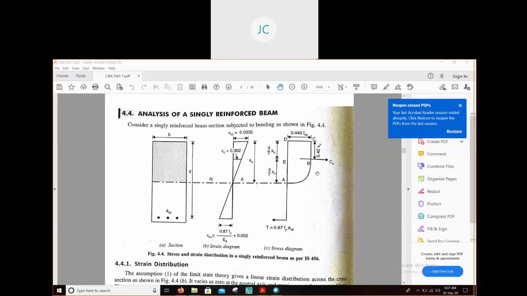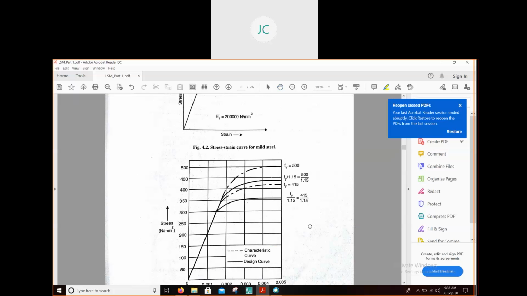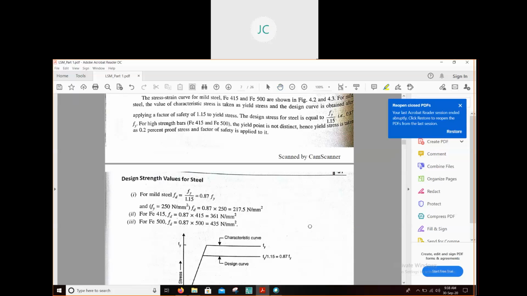This is the common diagram for the working stress method and the limit state method, the same diagram for strain. But for stress, how have we got this diagram? Anyone have any idea? Please respond. At least you say something.